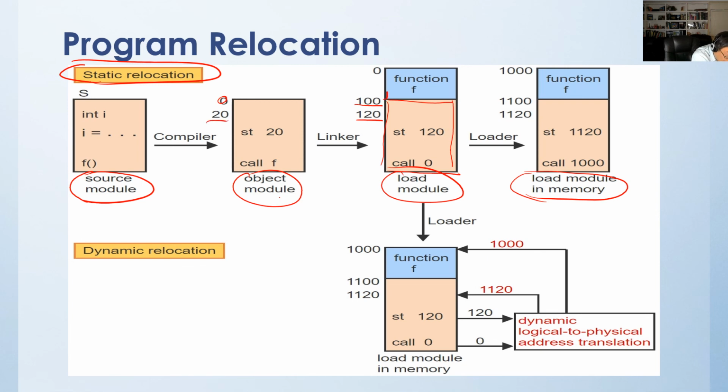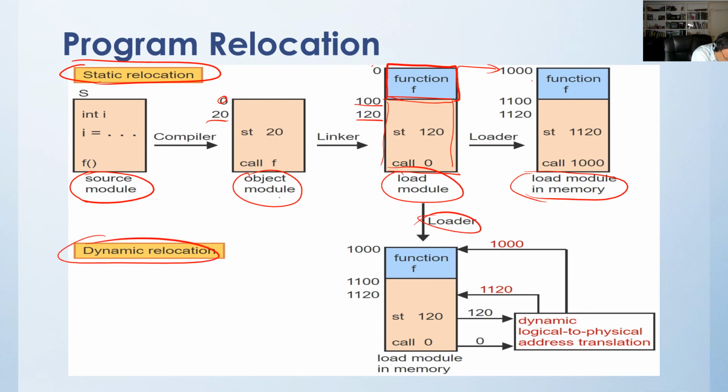And once you link the other module which contains the function, we need to place the other module in the new logical address space. Okay, when we do the loading, we map the logical address to the physical address. Now this is dynamic loading.